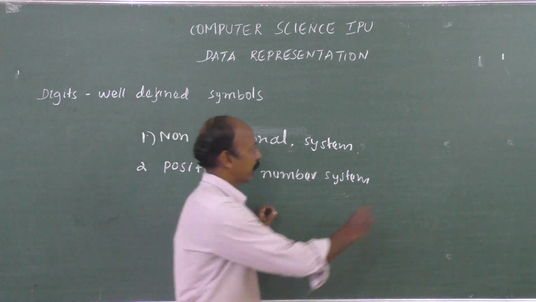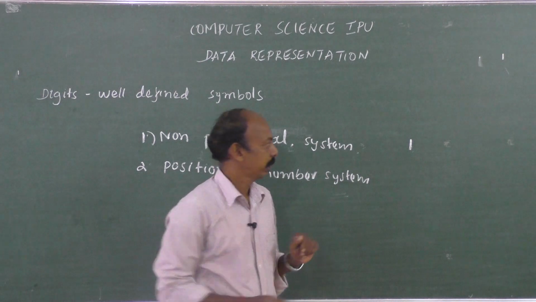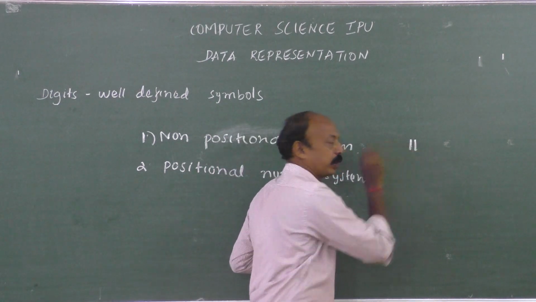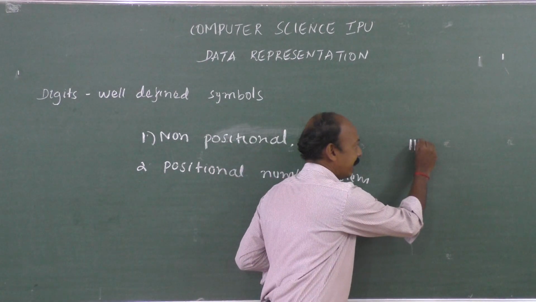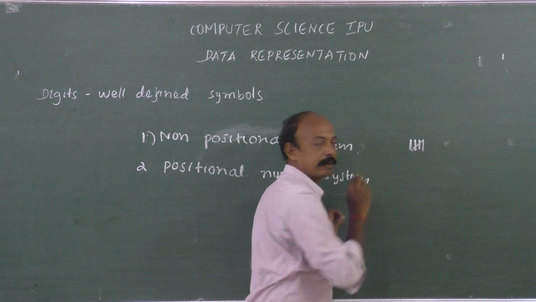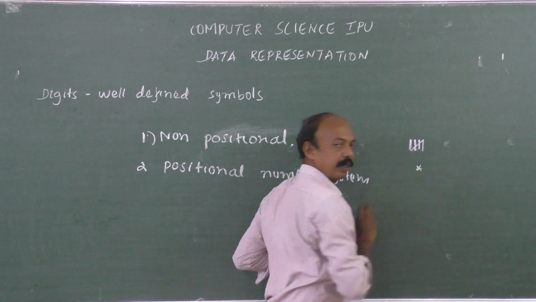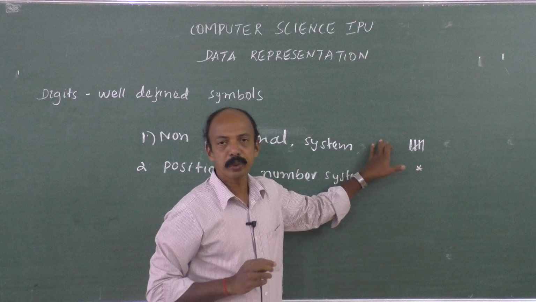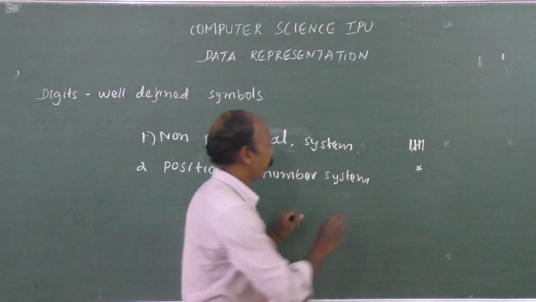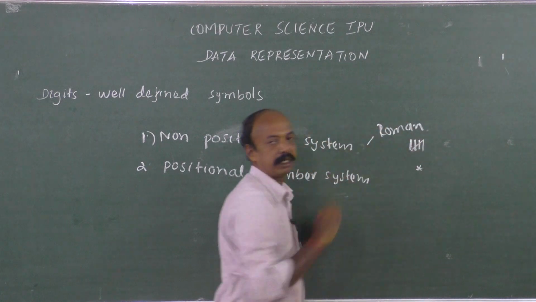For example, one line is 1, two lines is 2, three lines is 3, four lines is 4, and when you cross it, it becomes 5. Similarly, we can write stars, or we can also use the Roman number system.